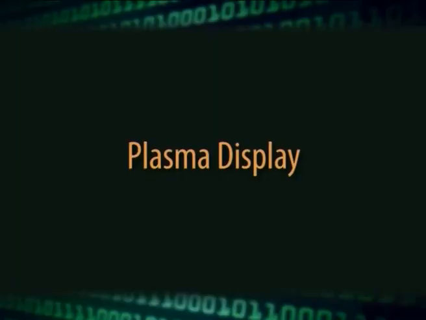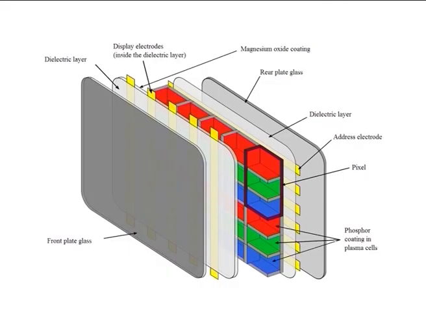The next in this series of display devices is the plasma displays. The plasma displays use a layer technology like LCD and OLEDs, but instead of liquid crystal or organic material used, between two plates of the glass, a layer of gas is used.